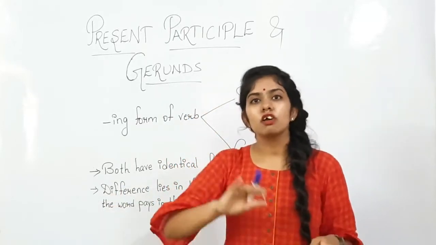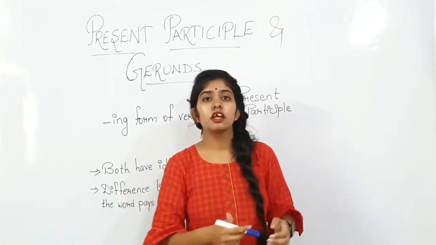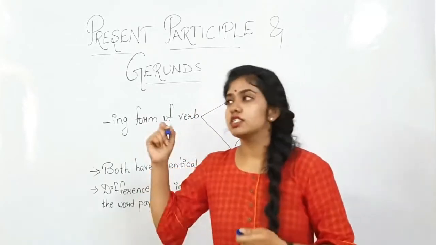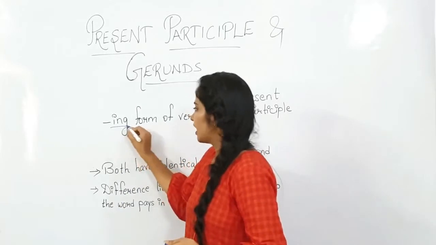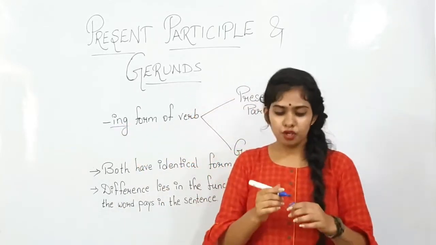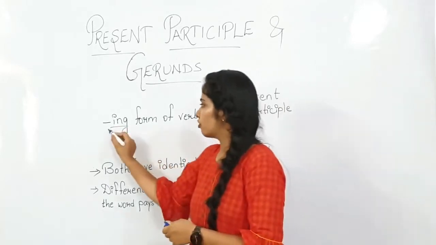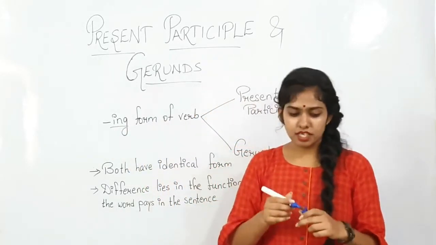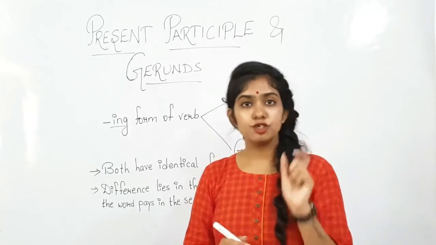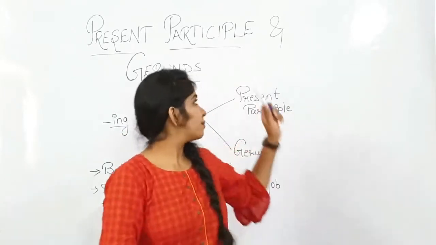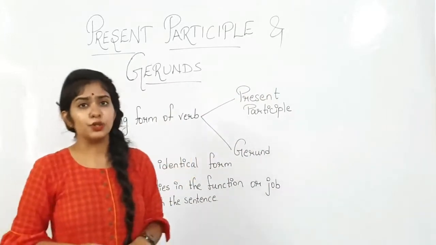So you can see that I have mentioned over here many of the action words, and all these action words are ending with ing. So present participle and gerunds are having their ing form of the verb. Means whatever verb, our action word, has ing at the last. In present participle and gerunds both, this happens.